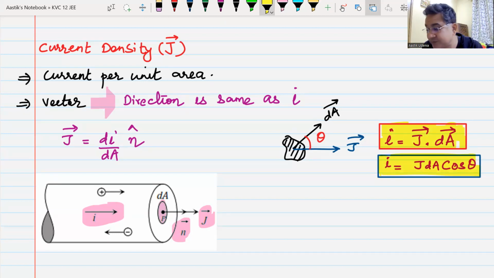V equals dr cos theta. E is equal to VR cos theta.